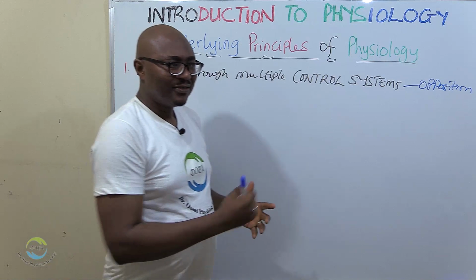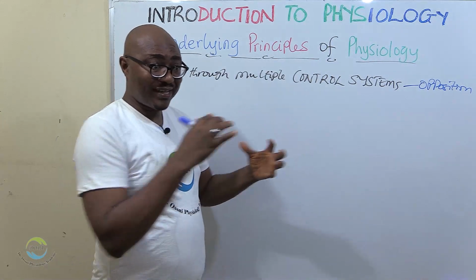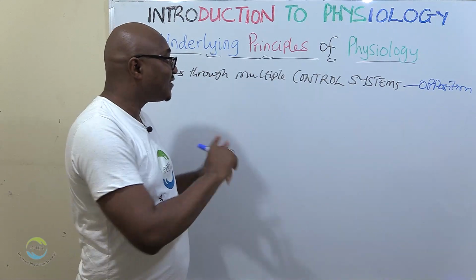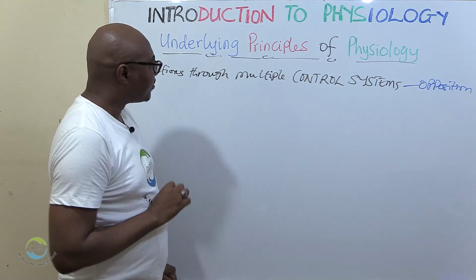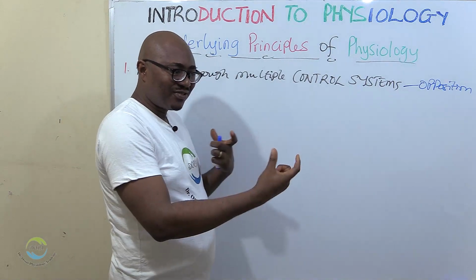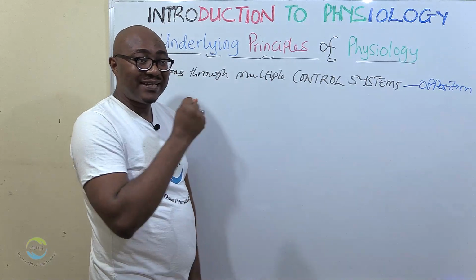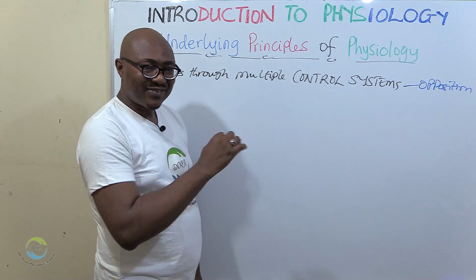What do we mean? Something is opposing each other. That means are they fighting? Are they working at cross purposes? No. This is what happens. When you talk about control system, you are talking about regulation. You remember we talked about life when we defined life in part 1. Go and check it out.